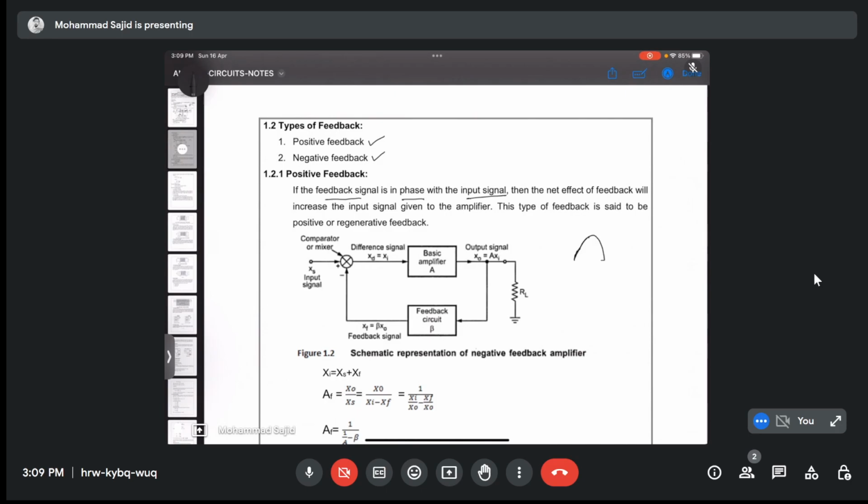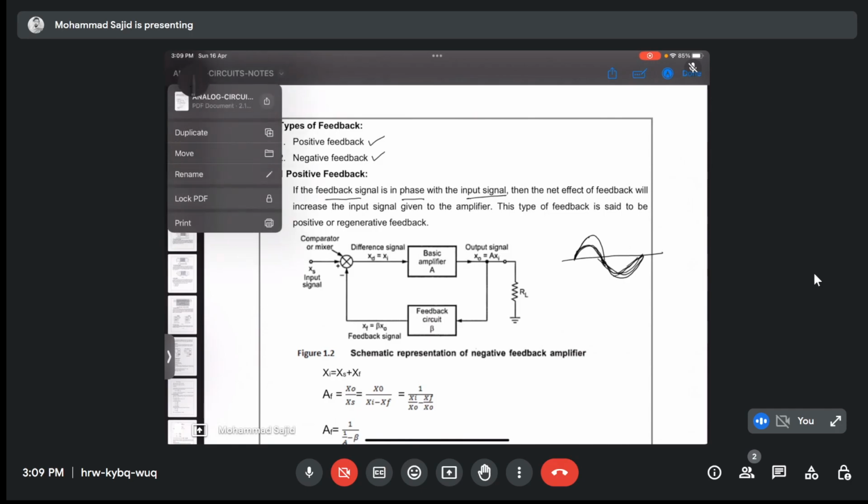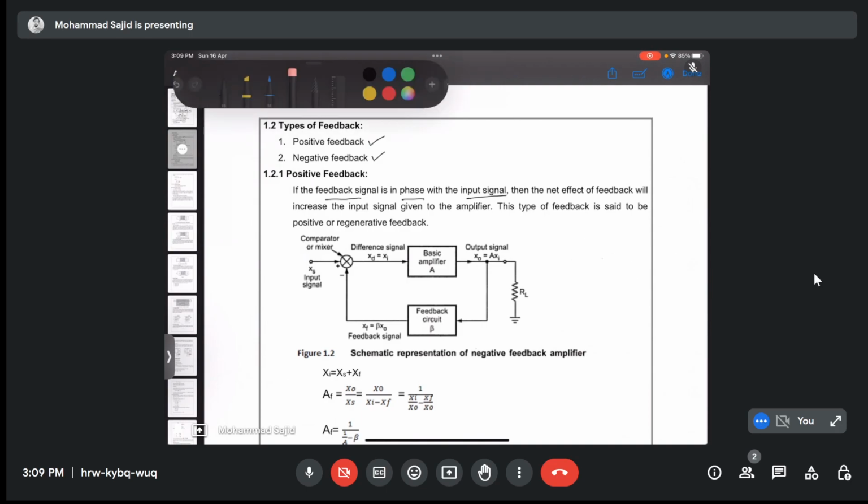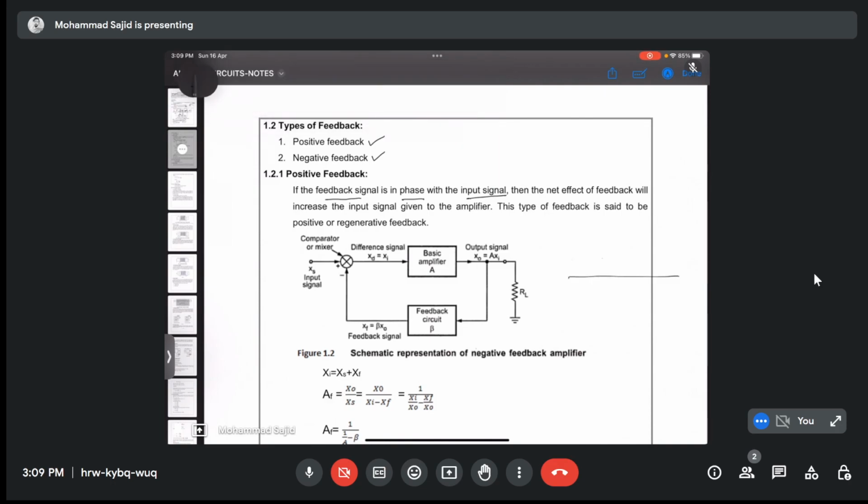Let's say it has a lesser amplitude, but it follows the same cycle, the same wave.